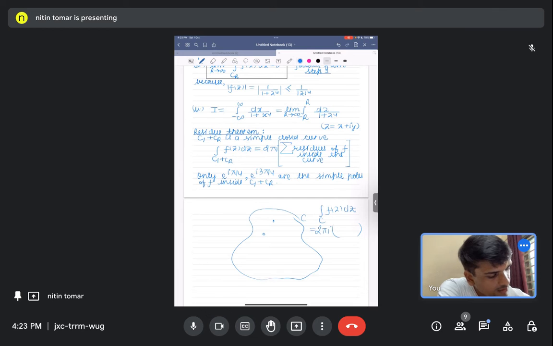Let's say this has some poles here; you just compute all the residues corresponding to those poles, add them up and multiply by 2 pi iota. Then this will be the integration of f over C, and this is precisely what we call the residue theorem. Okay?